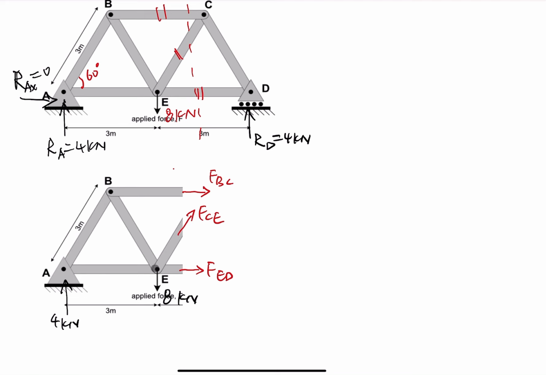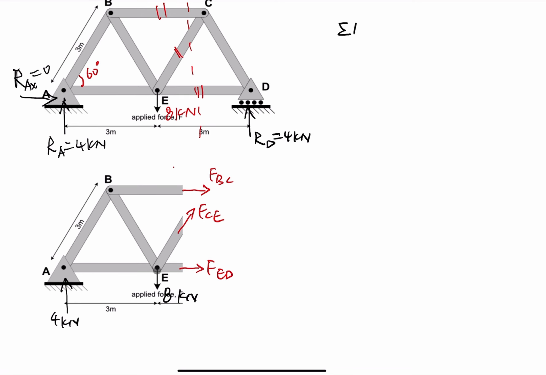The moment is 0. So then we only have one unknown force, that is FBC. That is the reason we write down the moment equation of equilibrium at joint E.